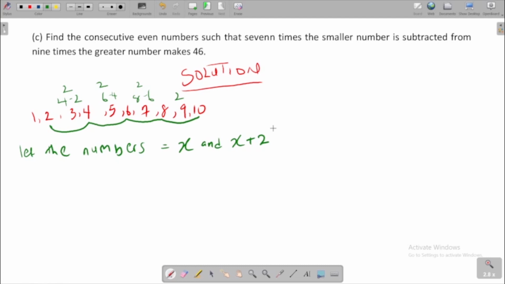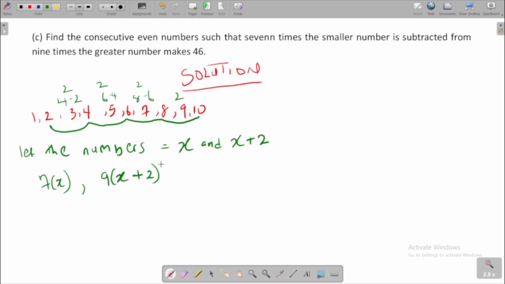So the question now says such that 7 times the smaller number, that is 7x, is subtracted from 9 times the greater number. This is 9 times x plus 2, because that stands for the greater number.